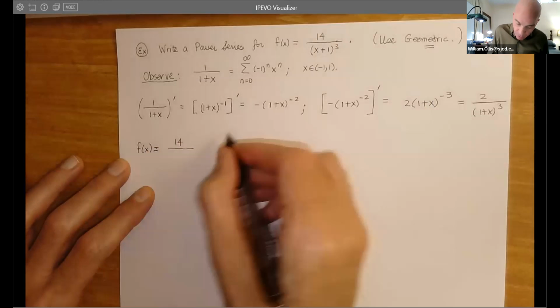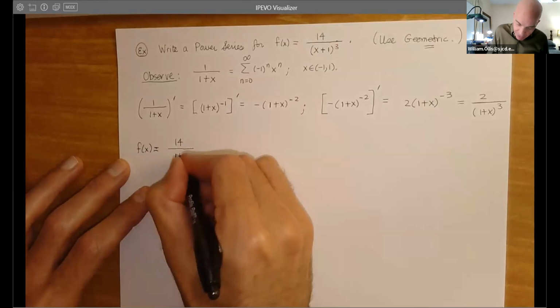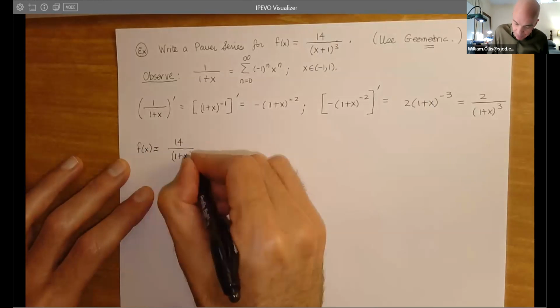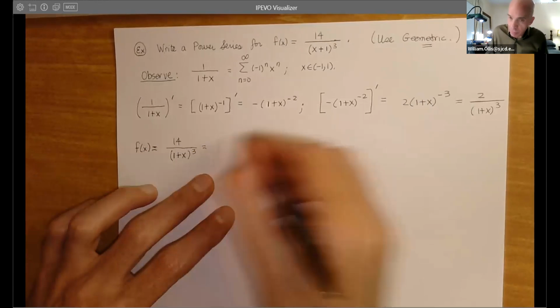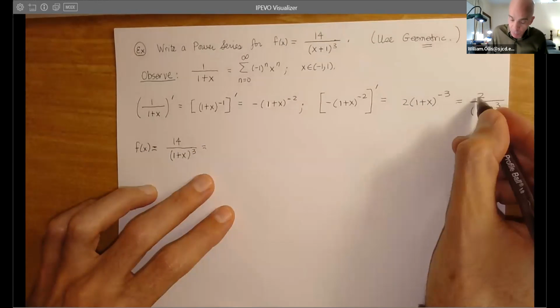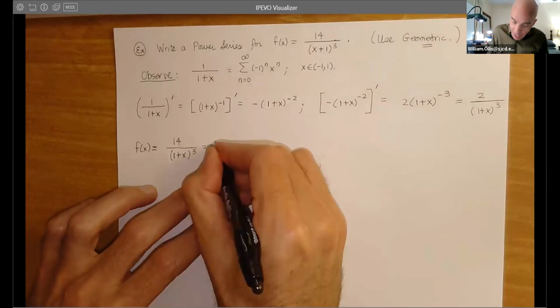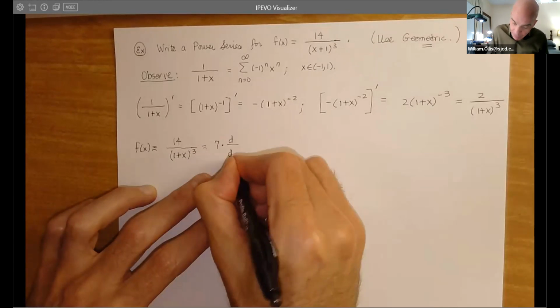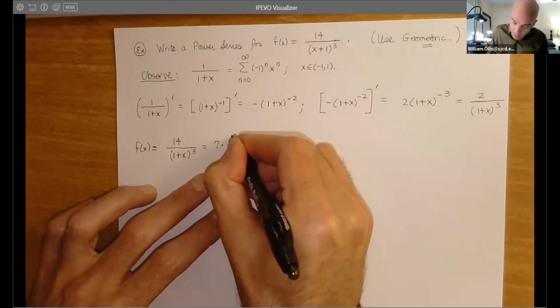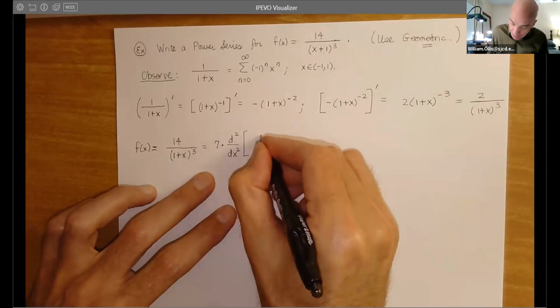We'll just write it as 1 plus x now since we like it that way. And so this is going to be 7. We've got a factor of 7 that we need here. 7 times, I'll use the Leibniz notation now, the second derivative of this guy.